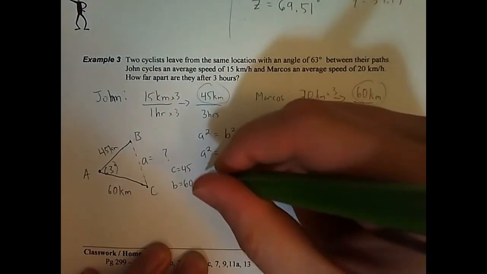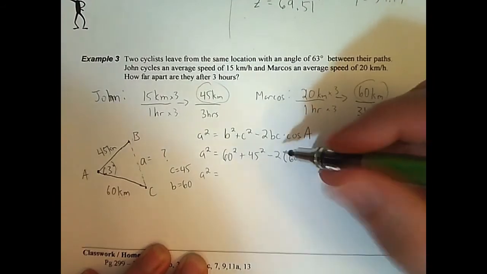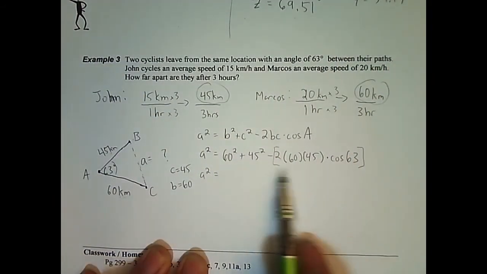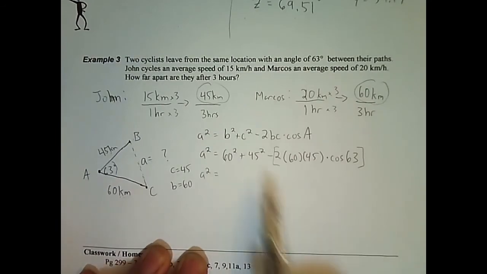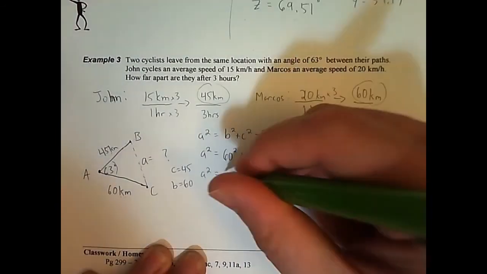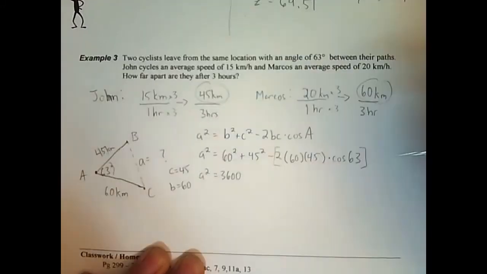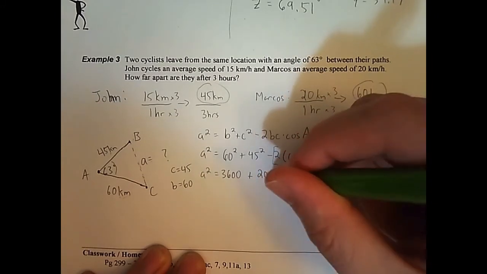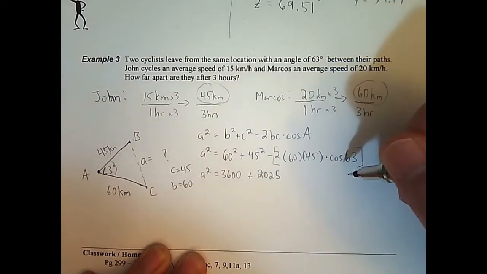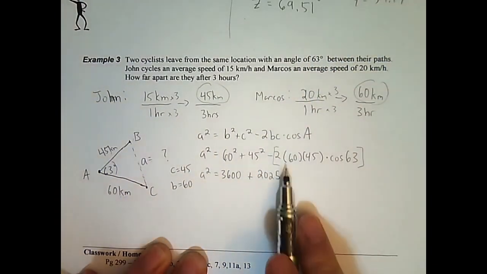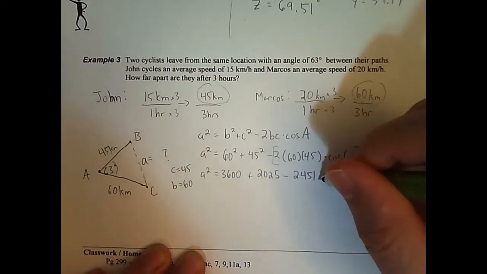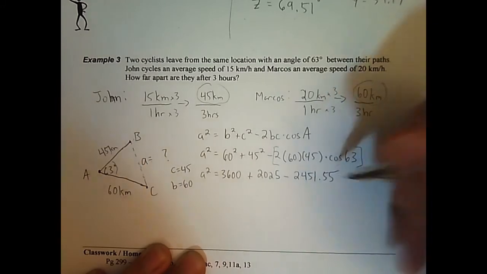So I'm going to just put brackets around here just to remind myself I have to multiply all of this together. But I'm going to do the exponents here and then multiply this all in one step because I can do that. So that squared is that. 45 squared is 2025. And if I multiply all of this, I get 2,451.55.